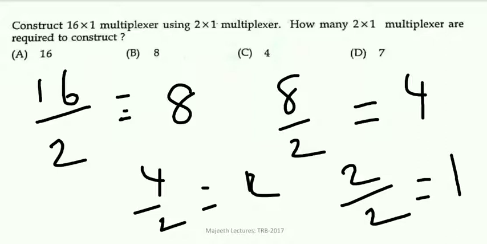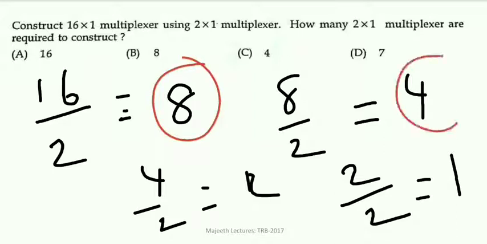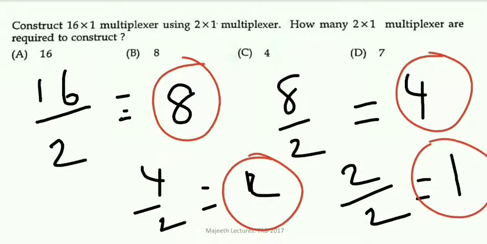So we have to divide the multiplexer we want by the multiplexer we have. 16 by 2 is 8. Divide that again by 2, and continue this process until we get the quotient as 1. So now you add all the quotients. So 8 plus 4 plus 2 plus 1, that is equal to 15, right?